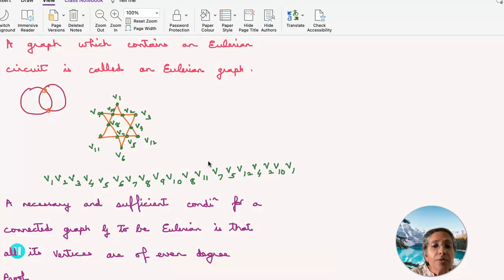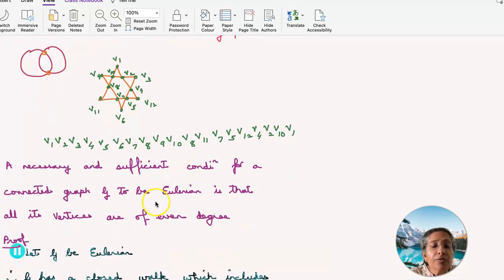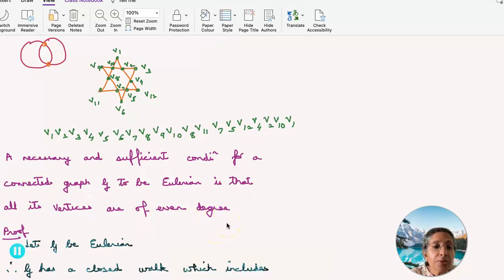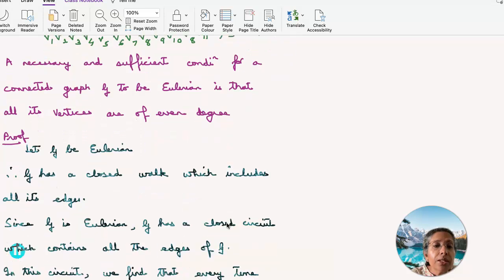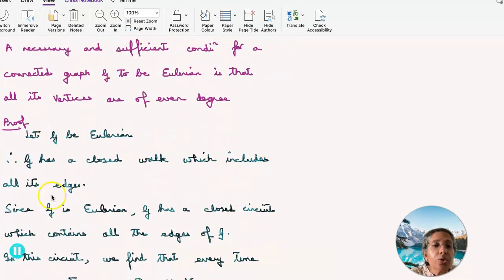A necessary and sufficient condition for a connected graph G to be Eulerian is that all its vertices are of even degree. This is a proof and we will be proving this. Let G be Eulerian. So G has a closed walk which includes all its edges, an Eulerian walk.